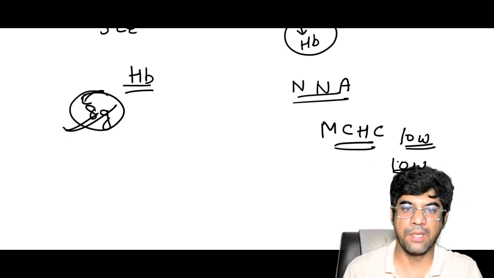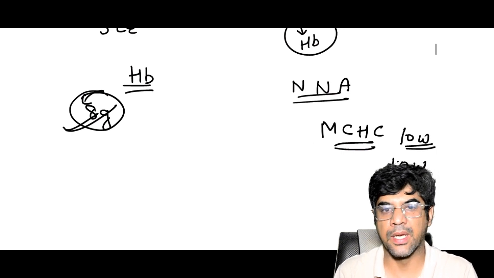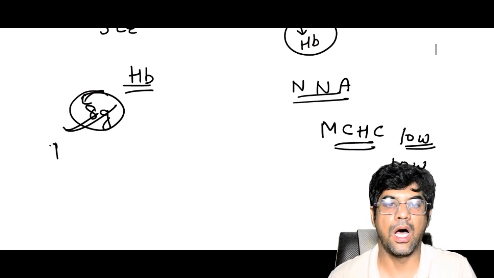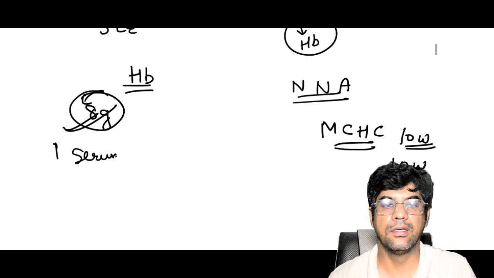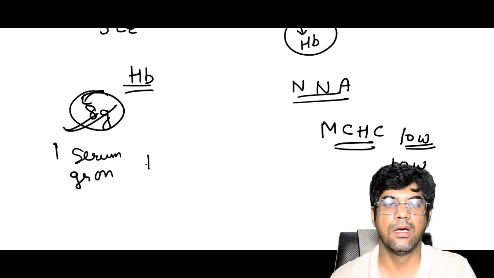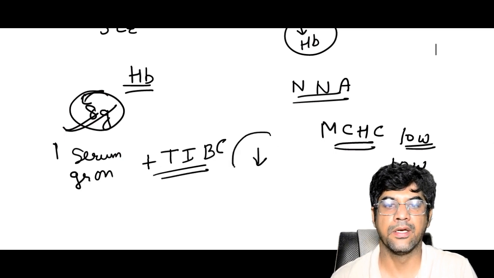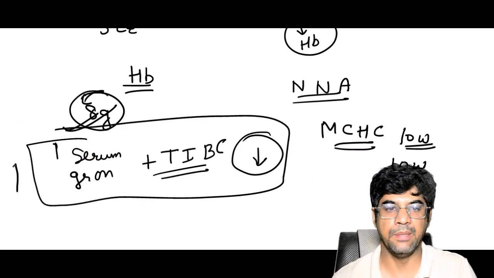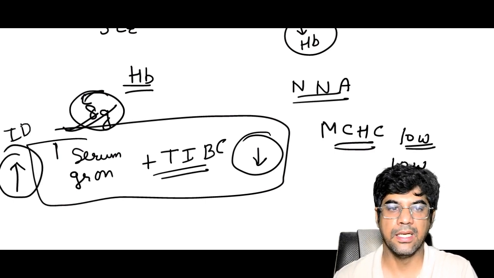On the bone marrow examination, you will see increased iron in macrophages. There would be increased plasma cells in case of chronic infection. The serum iron and total iron binding capacity are reduced, whereas in iron deficiency anemia, you would see the serum iron and total iron binding capacity increased.